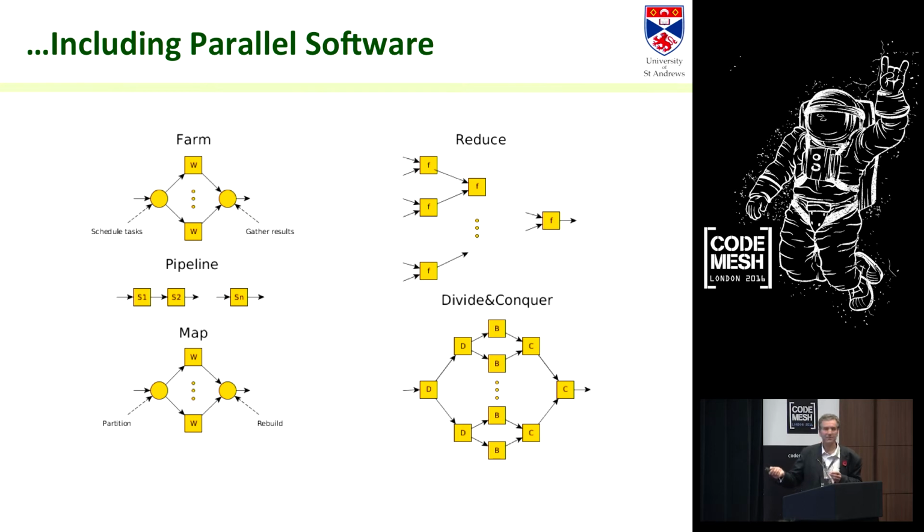Or I could use this pattern, a task farm. Now, it looks pretty much like a map. The difference is that with a task farm, the number of workers is going to be fixed. And what we're going to do is take the tasks and spread them out amongst the workers. So we don't just create one task per element of the data structure. What we can do is have complicated workers working on different tasks as they come in and producing results not necessarily all at the same time, but as they become available.